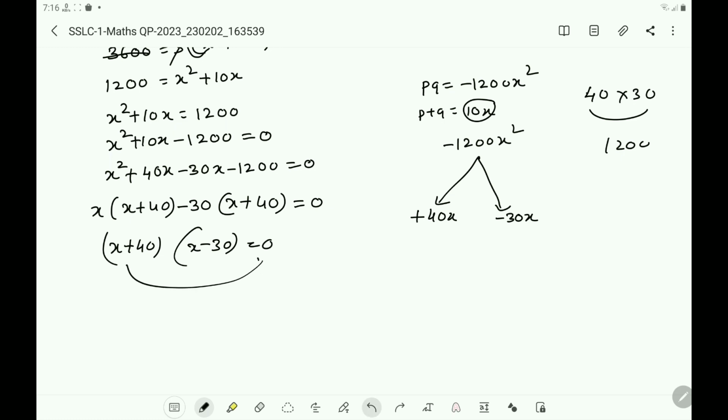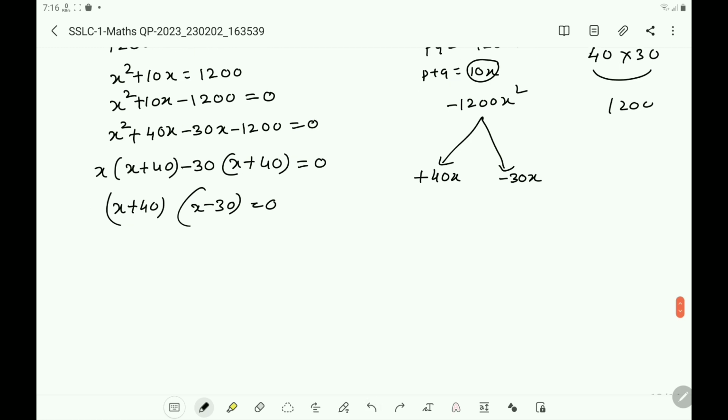Equate each factor to 0. It is x plus 40 equals 0 or x minus 30 equals 0. Then x equals 0 minus 40, which you are going to get minus 40, and x equals 0 plus 30, which equals 30.